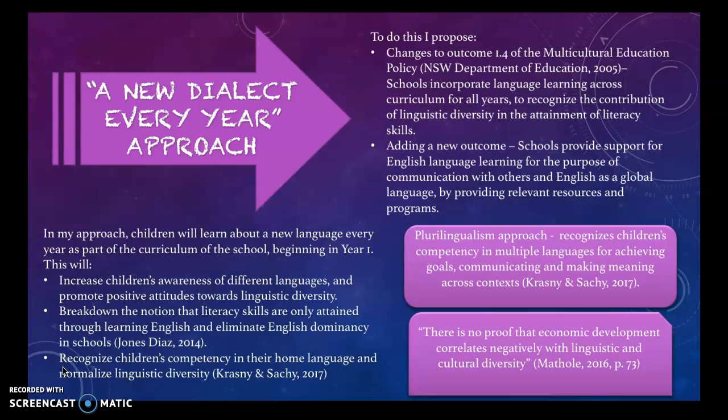I've included something at the bottom that I actually really liked. It says that there's no proof that economic development correlates negatively with linguistic and cultural diversity. So in this sense, there's no reason why other languages can't contribute positively to economic success in the development of literacy skills.